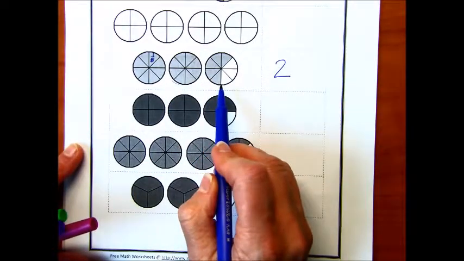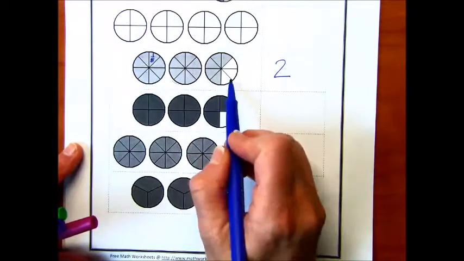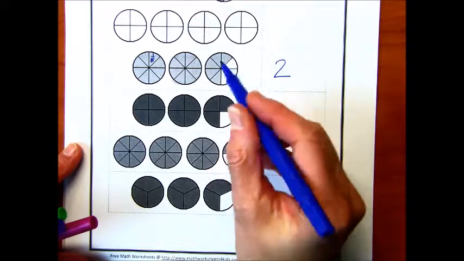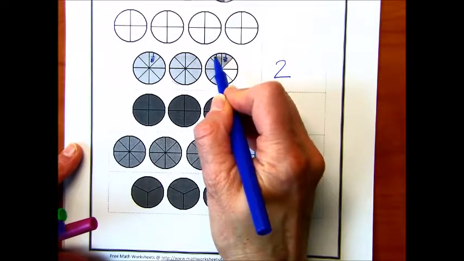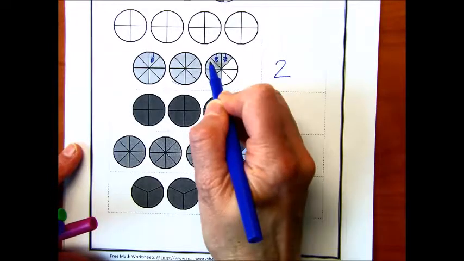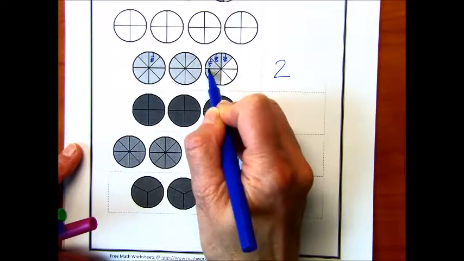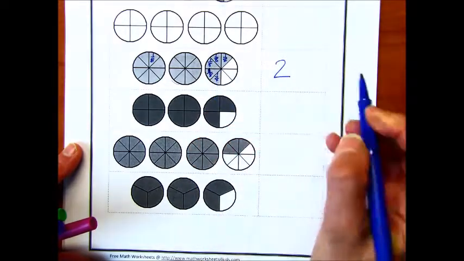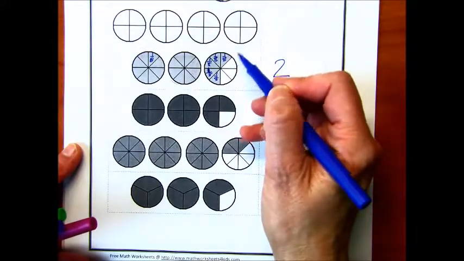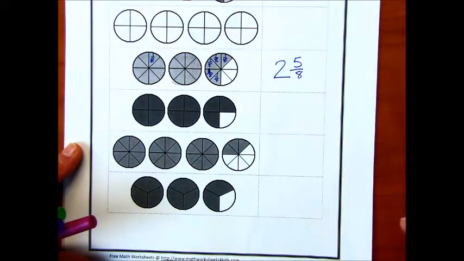And the reason we're not writing 3 is because this one we only have a fractional amount. We don't have the whole pie. But we have 1/8, another, so 2/8, 3/8, 4/8, and 5/8. Okay, so we have 5 eighths.